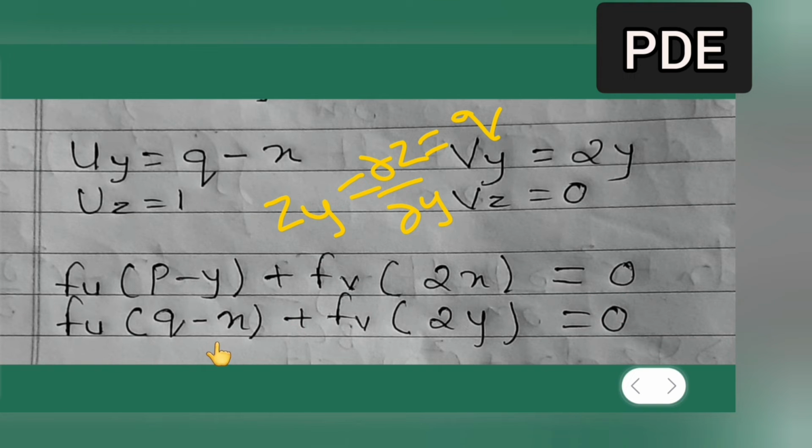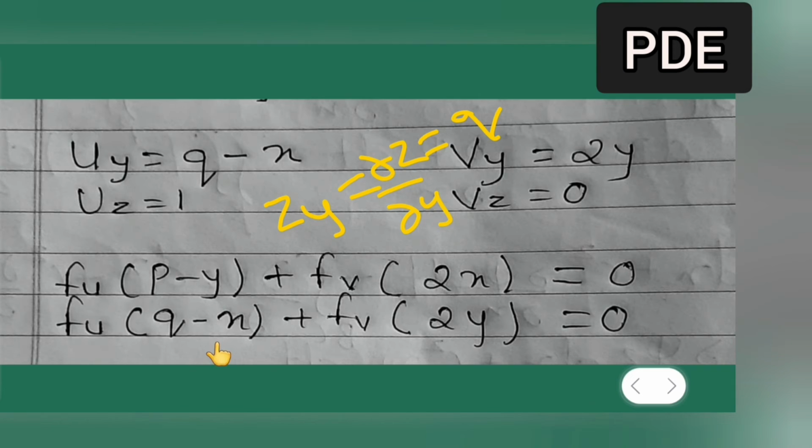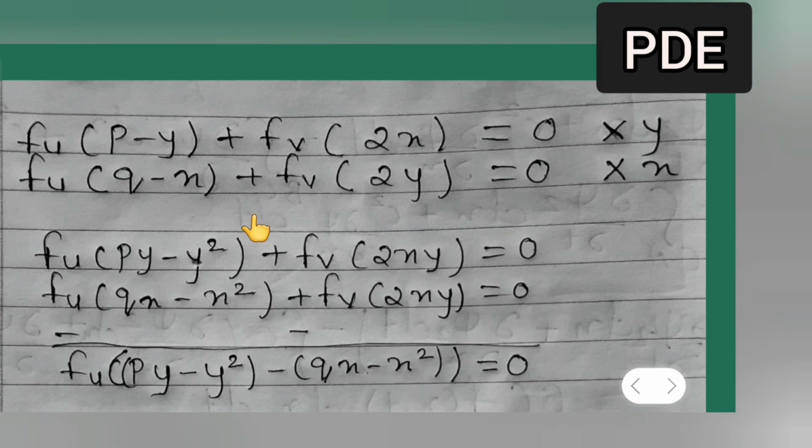f_u into what is this? u_y is what? q minus x, plus f_v, what is v_y? 2y, right? Is equal to 0. Now what I'll have to do is multiply this with y and multiply this equation with x.